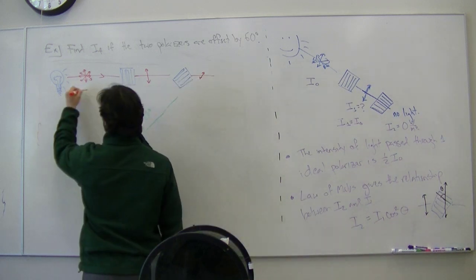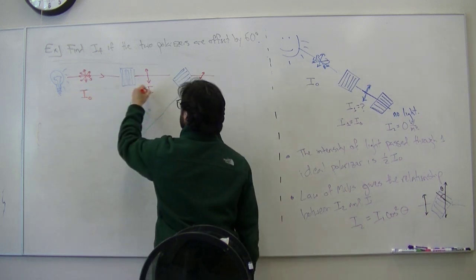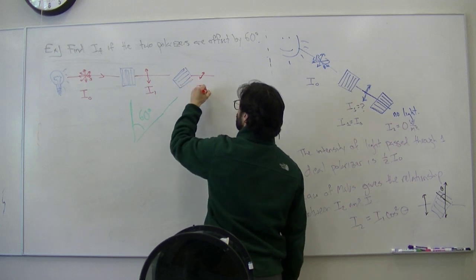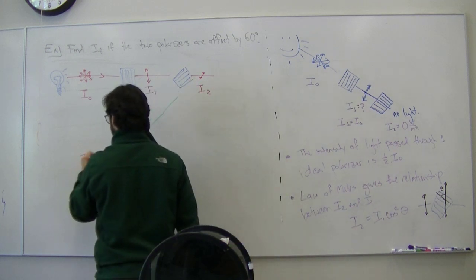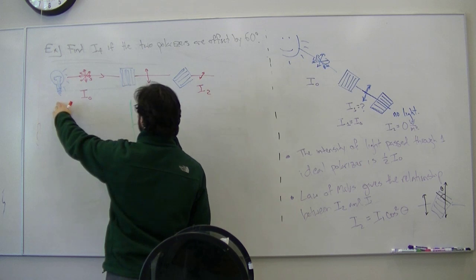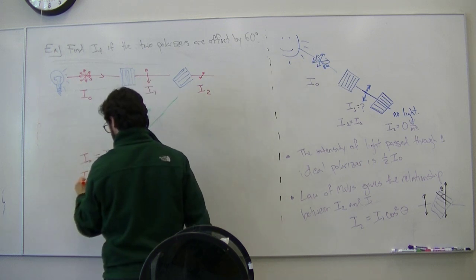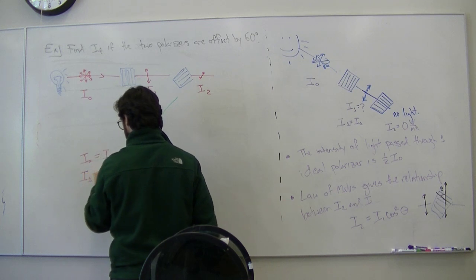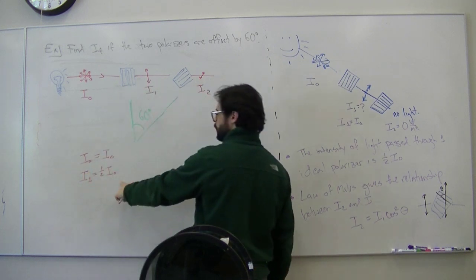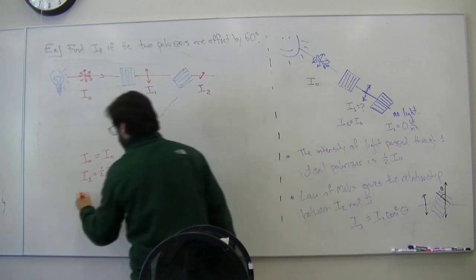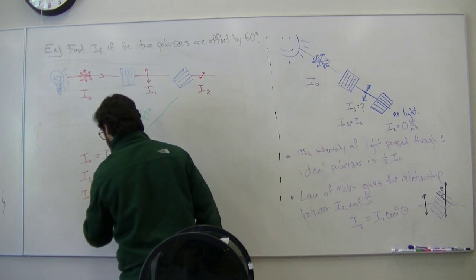In numbers, let's call this I0, let's call this I1, and let's call this I2. So I0 is I0. That's what the light gives us. The action of a polarizer on unpolarized light is to kill half. So I1 is 1/2 I0. And then the law of Malus tells us how to get from I1 to I2.